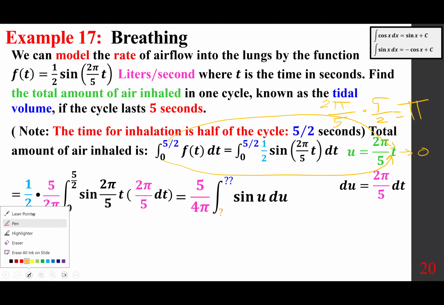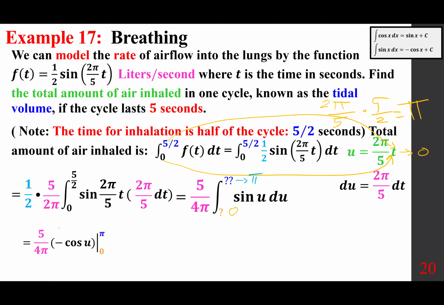So the integral of sine is negative cosine u. So we're going to write 5 over 4π, negative cosine u from 0 to π. In other words, this is 0. This is π.